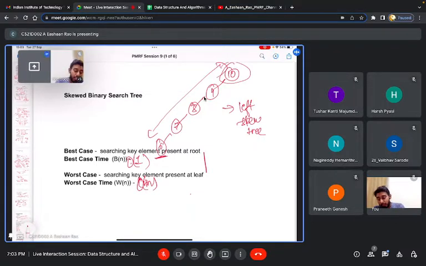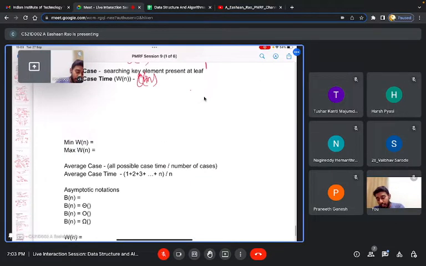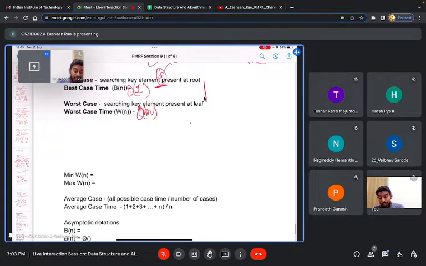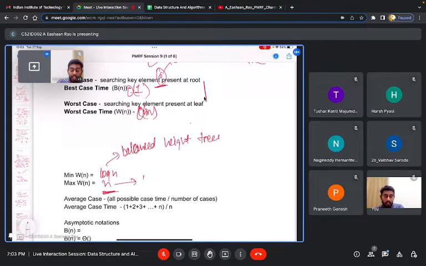The interesting part here is that for the worst case we found log n for a balanced height tree, and for a skew tree we found the maximum time as n. So this was a skew binary search tree.